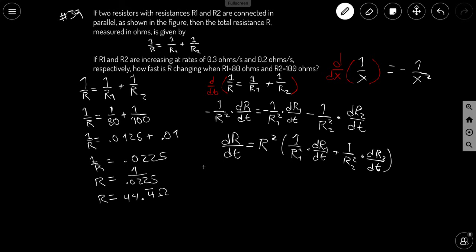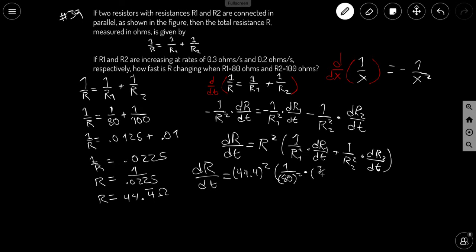All right, so then from here, I'm going to plug my numbers in. So R, we found it to be 44.4 ohms. So that's going to be 44.4 squared. And R1, it's given to be 80, so 1 over 80 squared times dR1/dt, which it gives us to be 0.3.